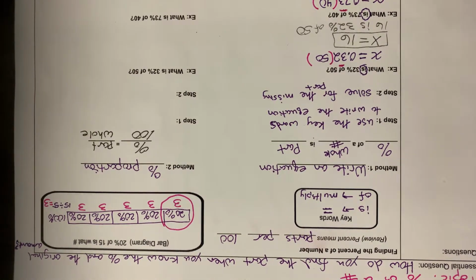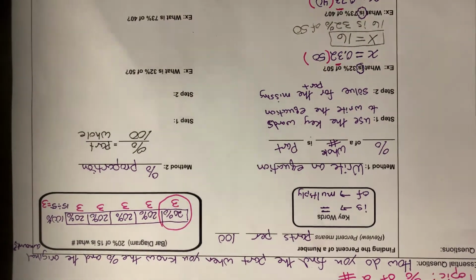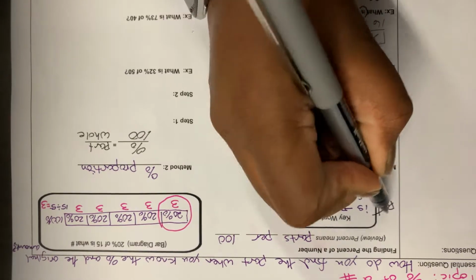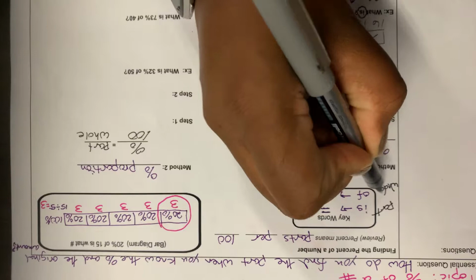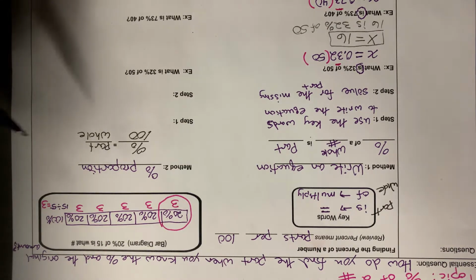As we noted before, "is" is going to reference the part, and "of" is going to tell us that we have the whole number, the original amount. When we're setting up our percent proportions, we can treat them like equivalent ratios because they are equal to each other. So that lovely skill you learned of how to scale up and scale down, you can use that to help you solve a percent proportion.